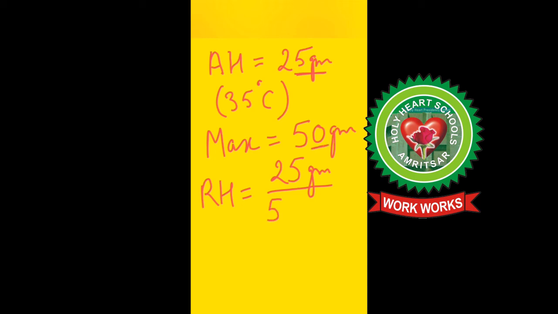So, upon 50 gram, multiply by 100 because it is expressed in ratio. We can see here that after calculation we are getting relative humidity equal to 50%. It means that air is 50% moist and it can hold 50% more moisture.